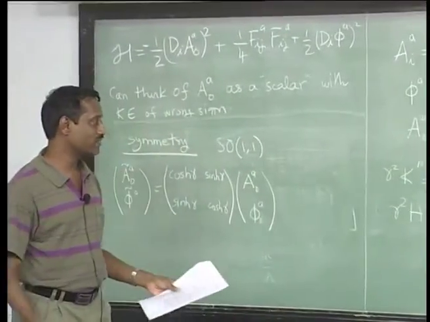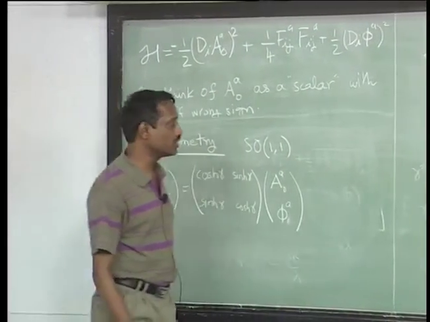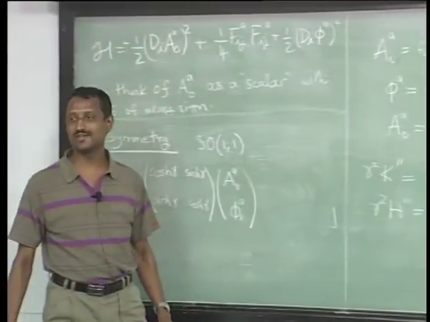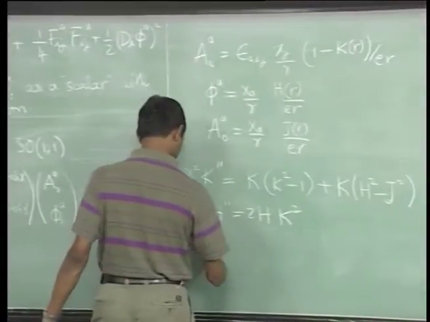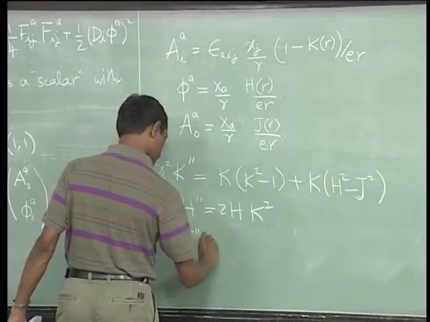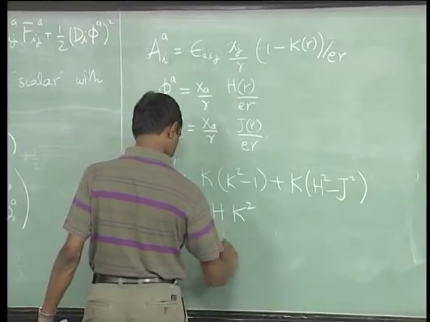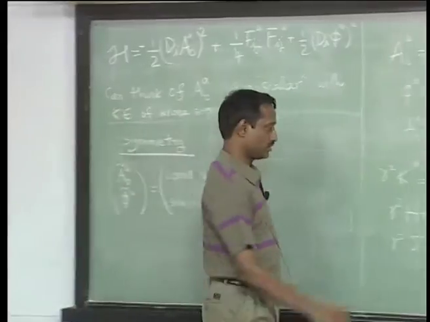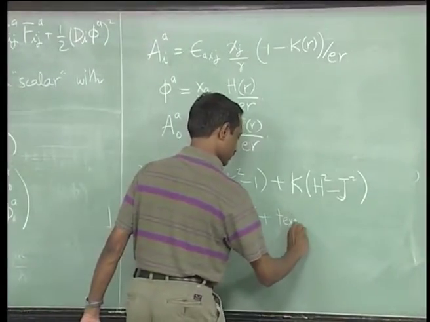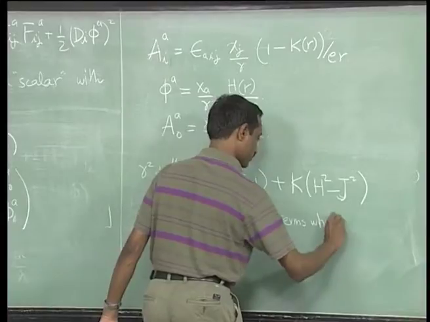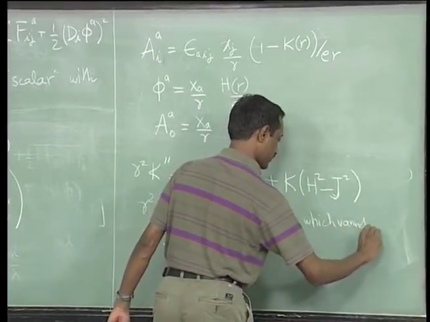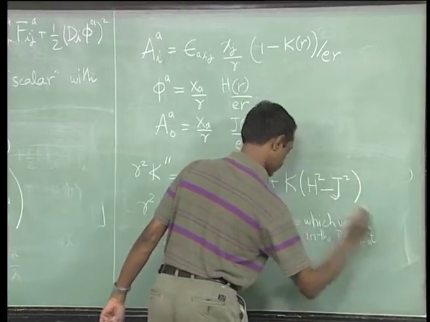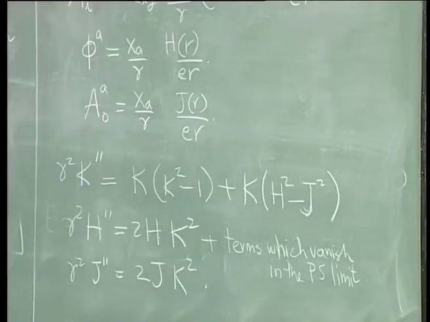Now again it is very easy to write what the equation would be for j. Wherever we see h we write j. And that is indeed the case.